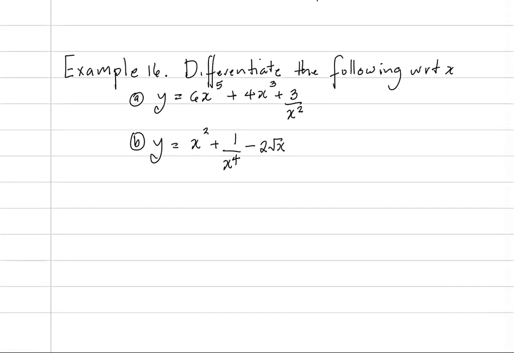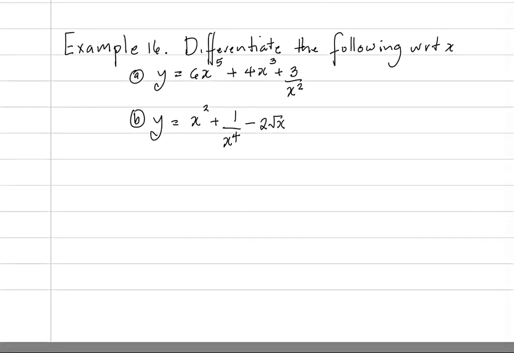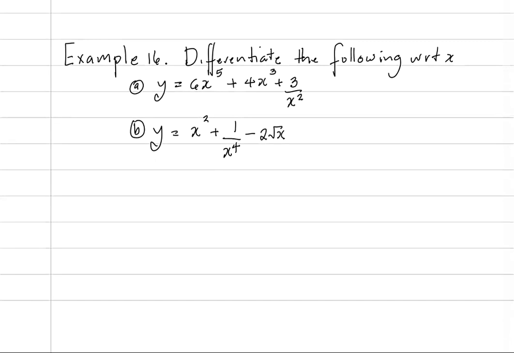All right, example 16. We have part A, which says y is equal to 6x to the fifth power plus 4x cubed plus 3 over x squared.